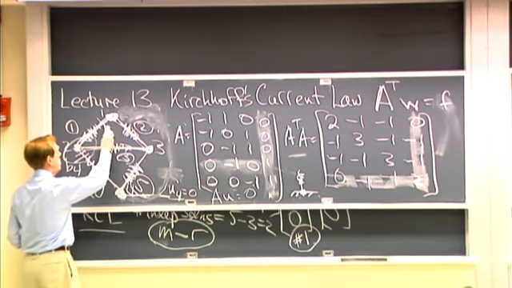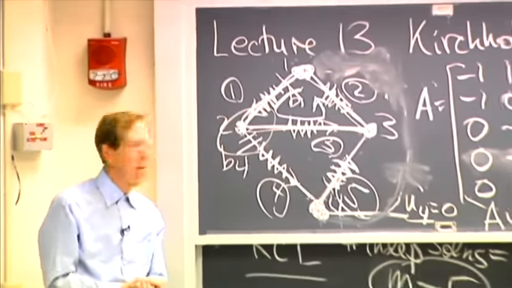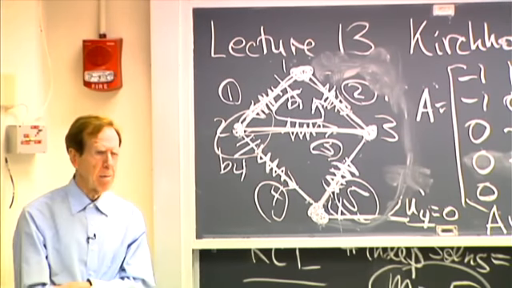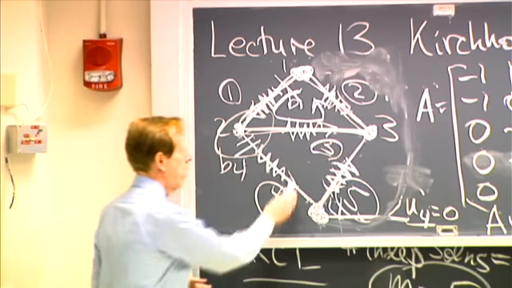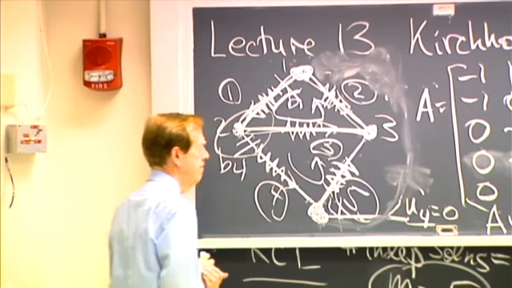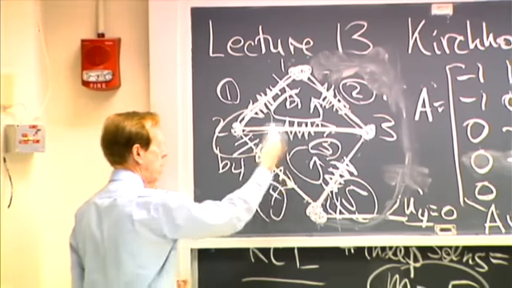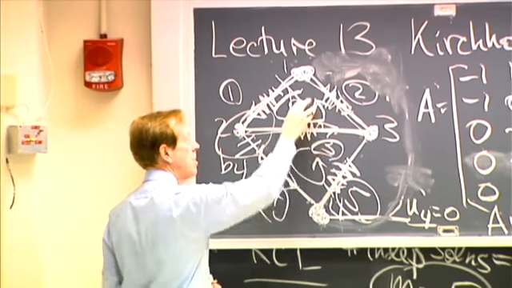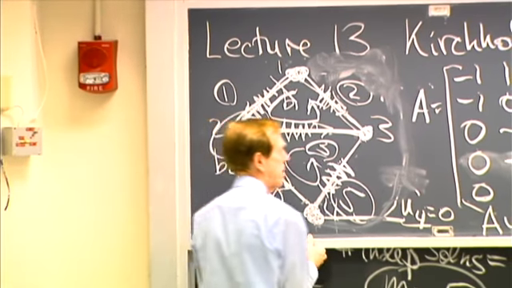So that was a loop current that went around that loop. Tell me another one. Well, we're a big class, but everybody's seeing it. How about around that loop? Okay. So that would be another thing, and it's pretty clearly not the same as this one. So I'm really, truly finding two independent solutions.